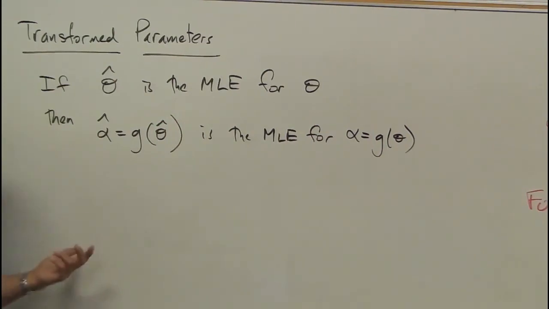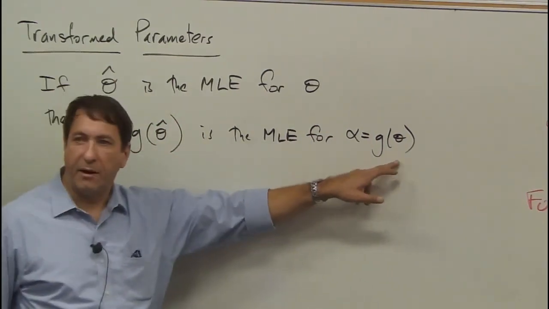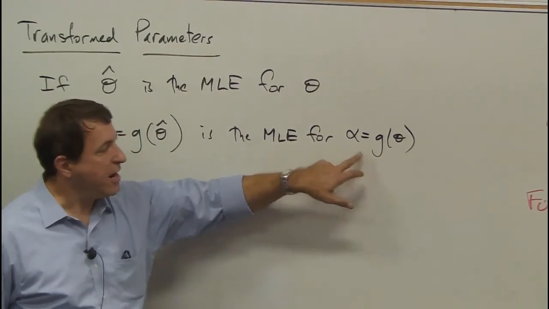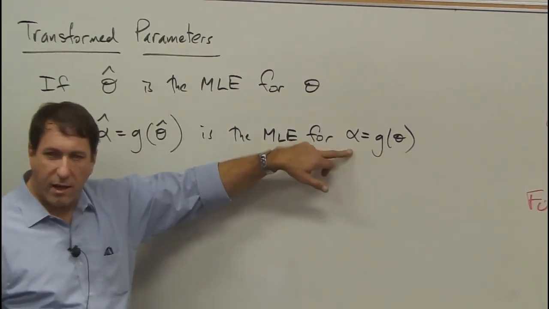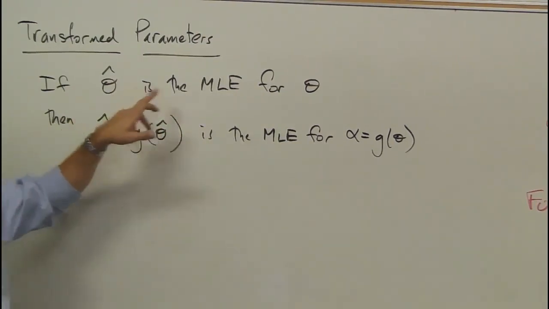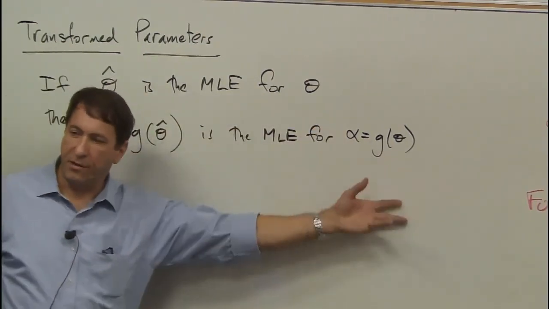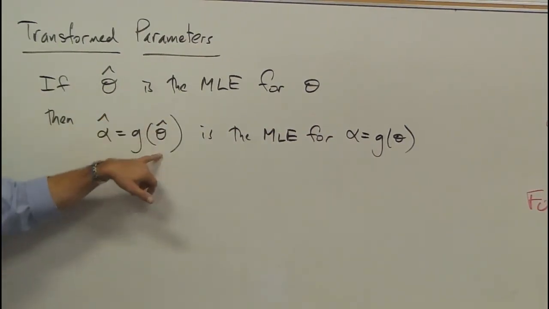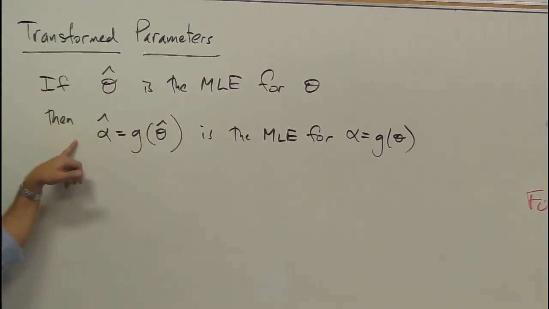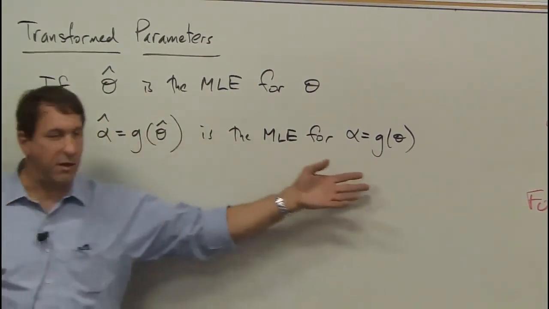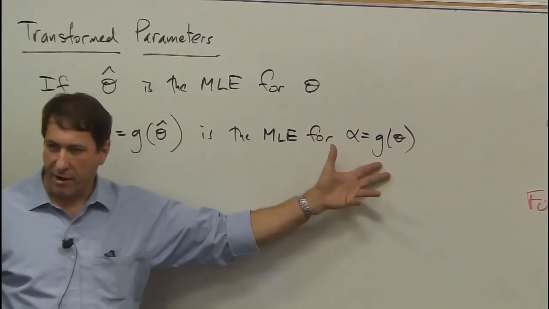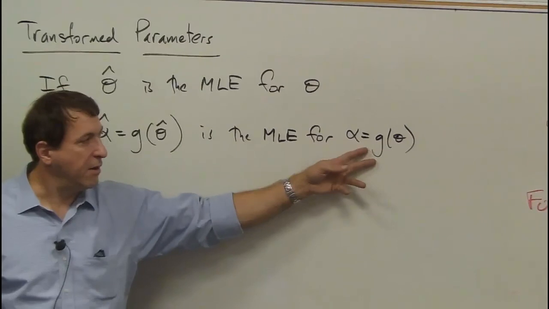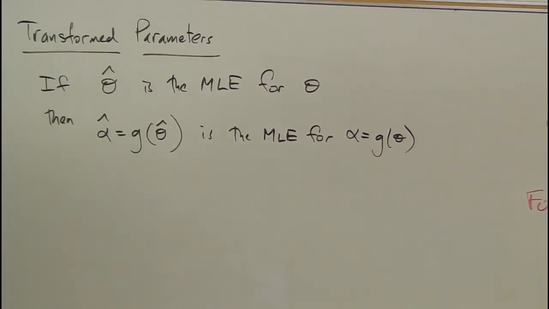So if I have a transformation of the parameter via a function g into another parameter value, and I have a maximum likelihood estimate for the original parameter, all I have to do is apply the transformation to the maximum likelihood estimate for theta to get the maximum likelihood estimate for the transformed parameter. And that happens regardless of whether this is linear or nonlinear, or whether it's one-to-one, or whether you have different values of theta giving rise to the same value of alpha or whatnot.